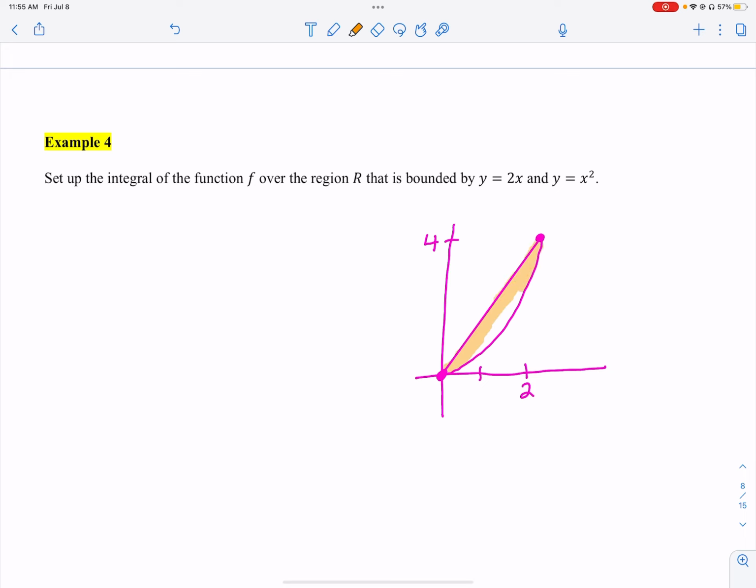What you guys have done so far in Calc is you've found the area in that slice. But now there's a surface that comes up. We don't know what the surface is. We're just going to call the surface f of x, y, just to help us set this up. Okay, so I know we have two different curves, and just like in Calc 2, we have to set up this integral.